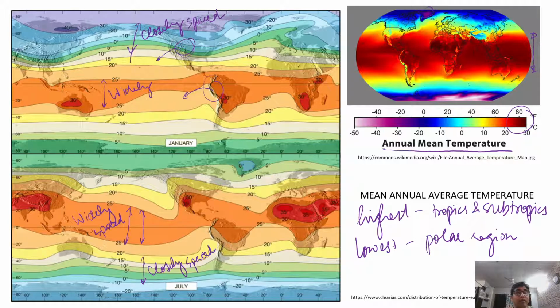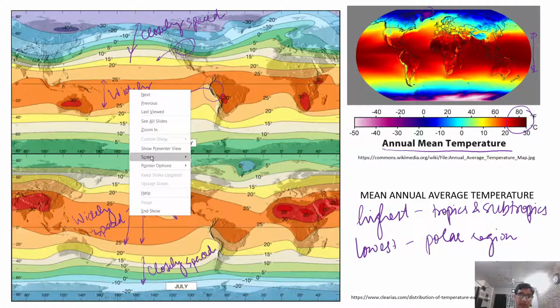Whenever there are colder currents, they will push the isotherms towards the equator. For example, if you see here, this is the western margin of North America, which is the eastern boundary of the Pacific Ocean. I'll just erase it and explain this to you once more.